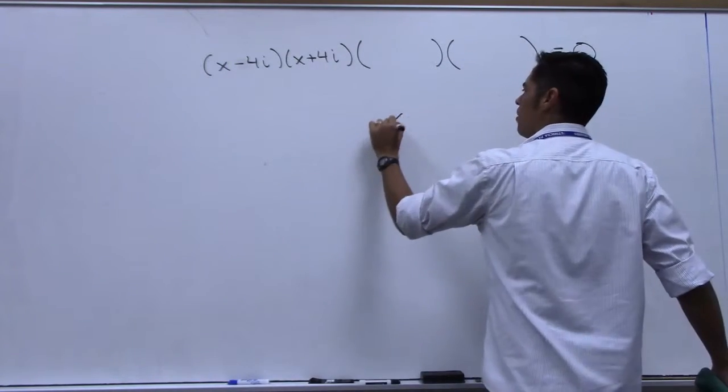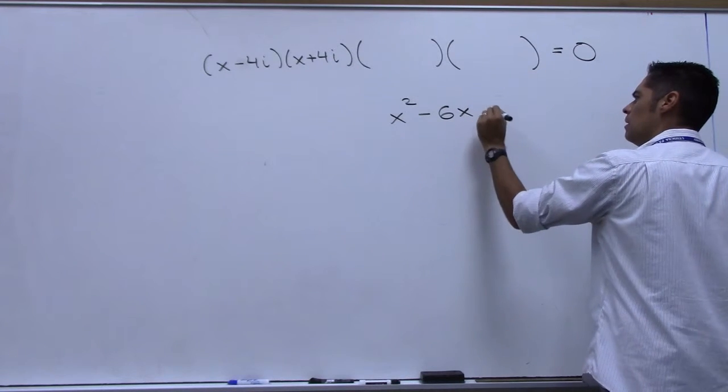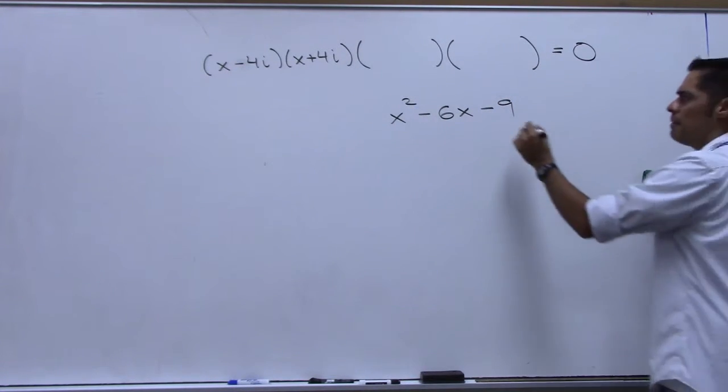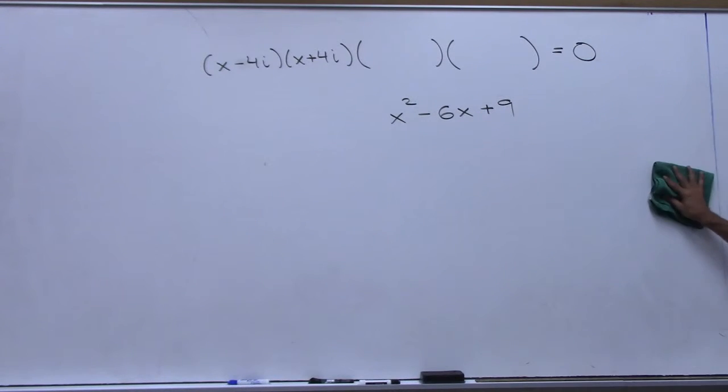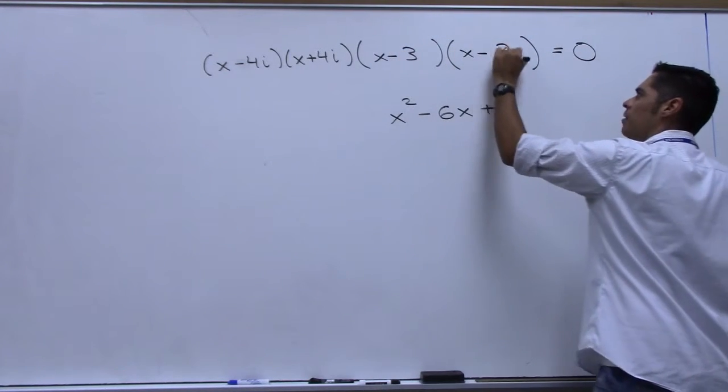I'm going to put below this what our answer was. Was it this? Was that our answer? Yes, minus 6x plus 9. Okay, so that factors x minus 3, x minus 3.